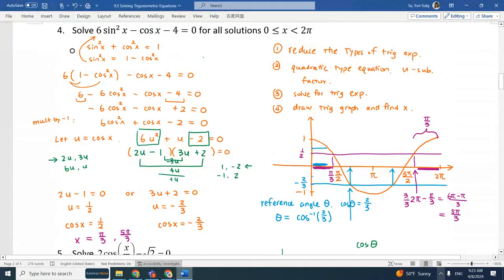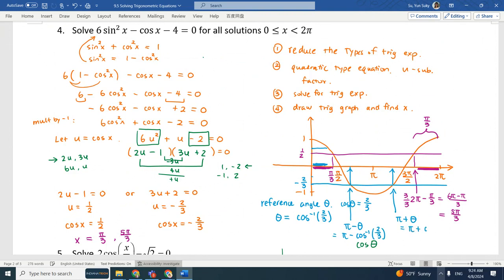So this point is pi minus theta, which is pi minus arc cosine 2/3. And the second point will be pi plus theta, which is pi plus arc cosine of 2/3.